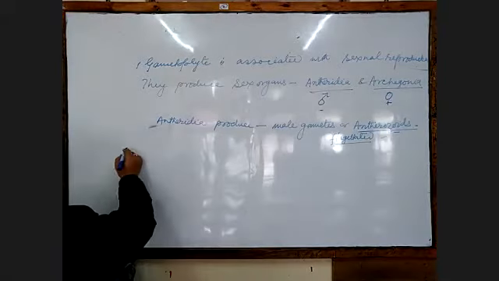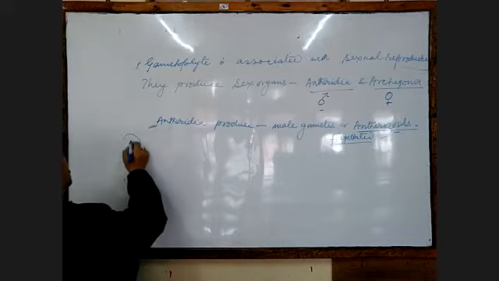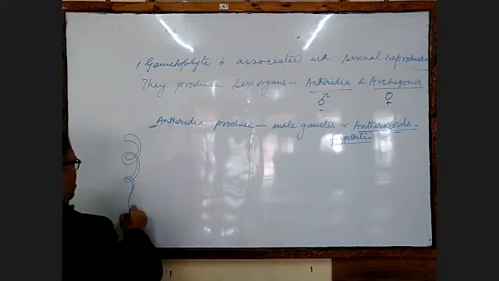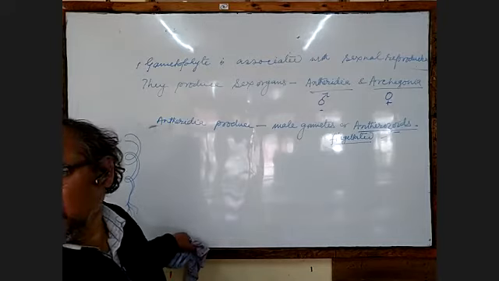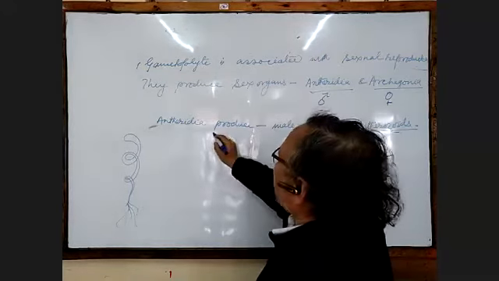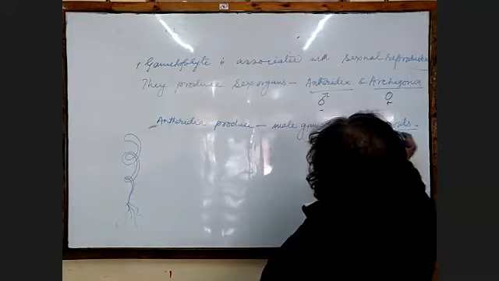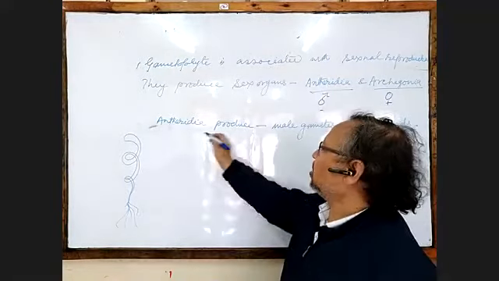Sometimes they have a coiled structure and have 2 to many flagella. When the antherozoids mature, they are released from the antheridia.